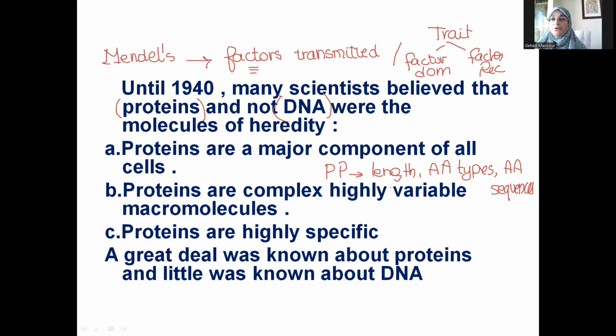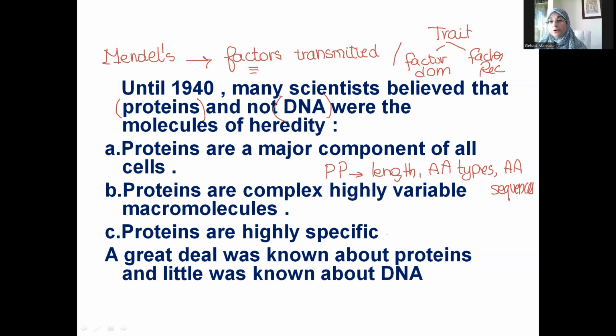But at that time, they didn't know that this huge complexity and variation in the protein molecule actually arises from the complexity and variation in the DNA molecule that controls the protein synthesis process.